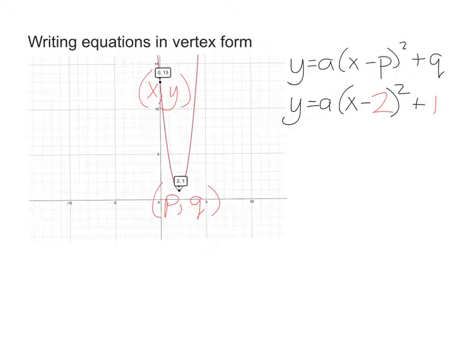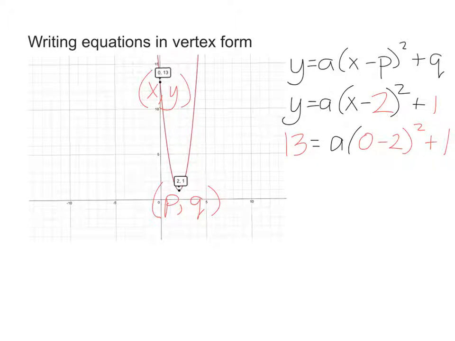Because then when I fill that in the place of y, what do I put in the place of y? 0 or 13? The 13. We still don't know A, but in the place of x, I'm going to put the 0. And it just simplifies things by having a 0 there. It'll still work either way.